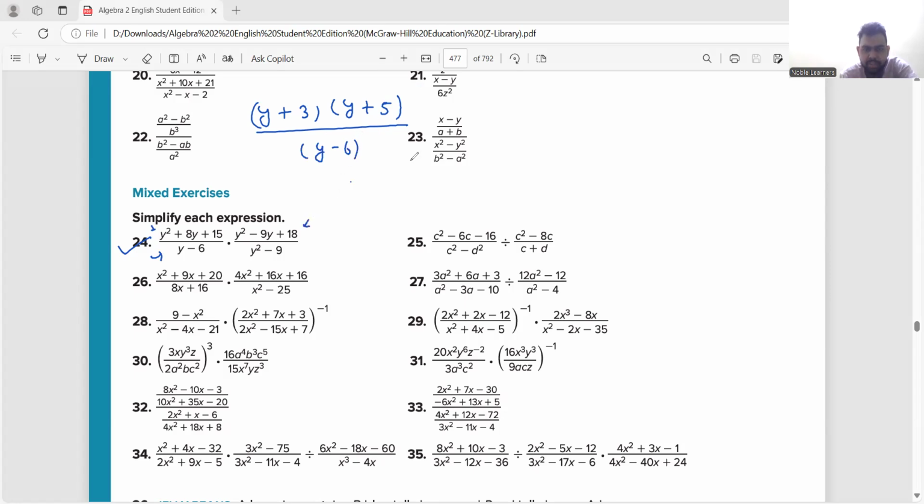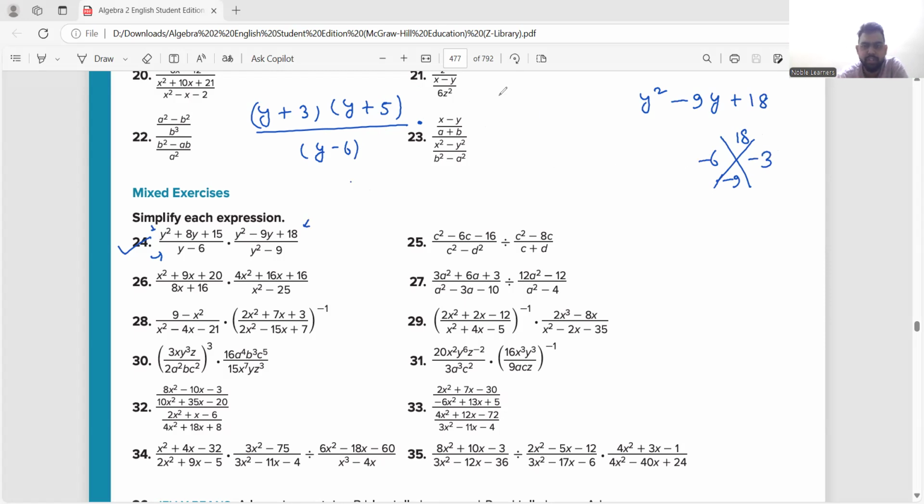Can we factor this one? Yeah. So let us do that. y square minus 9y plus 18. So what could I write? 18 and 9. 6 and 3. Just 6 and 3, or with some sign? Minus, minus.